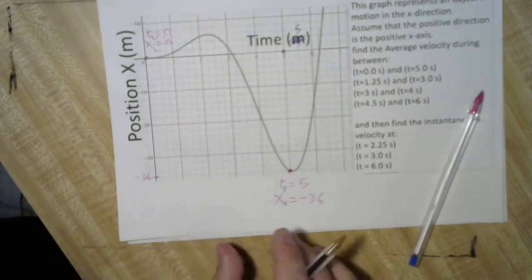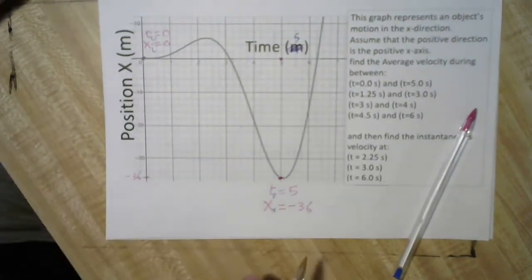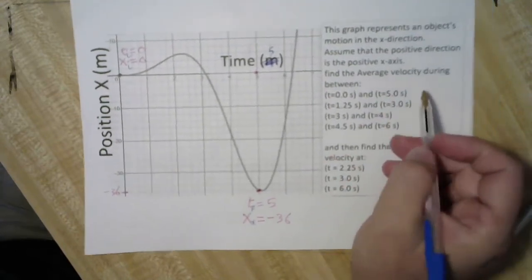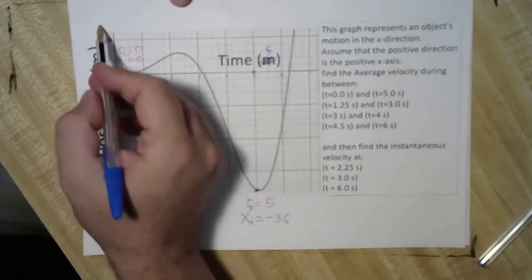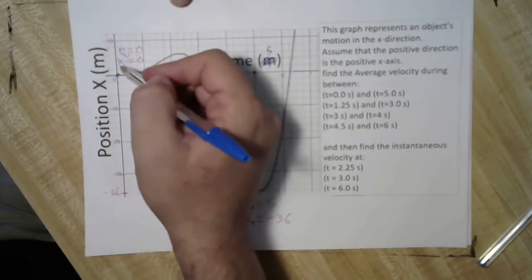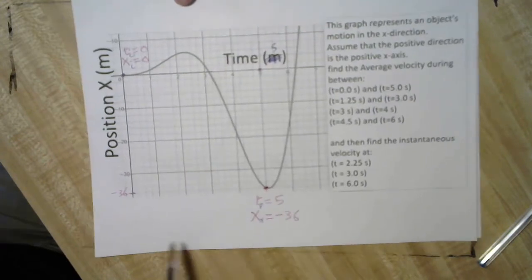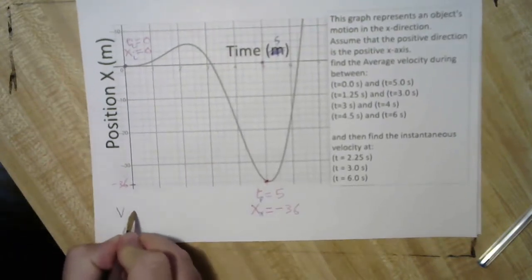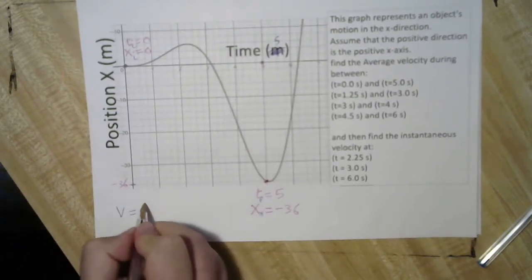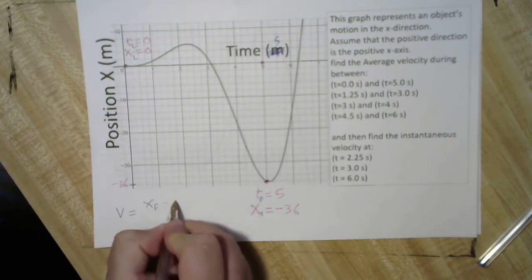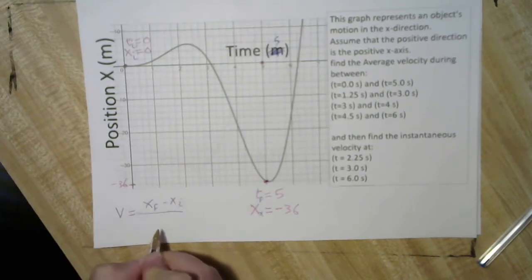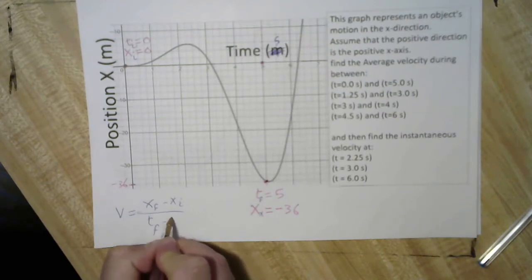What is the velocity? I can compute now the velocity, not just the speed, because I know the directions. I know that the positive direction is the x positive and the negative direction is the x negative. Okay, so the velocity is equal to x final minus x initial divided by t final minus t initial.